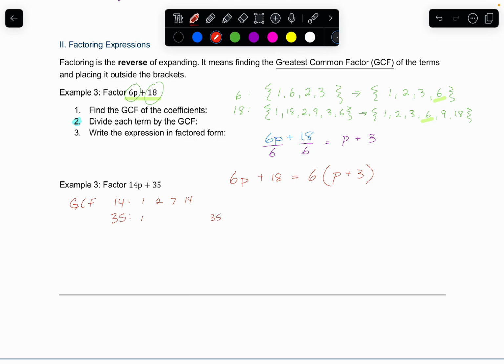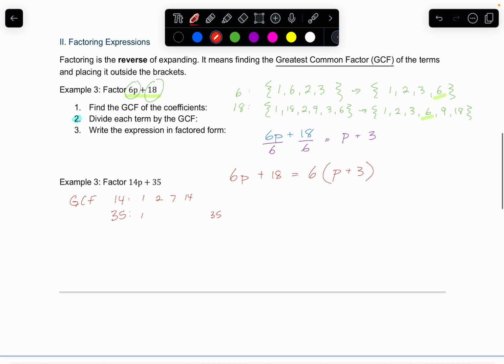What else? 2, that doesn't work. 3 doesn't work. 4 doesn't work. 5 works. So 5 times 7. And that's it. So our greatest common factor we can identify right away is the 7. This is the largest number that we can divide both of these numbers by.